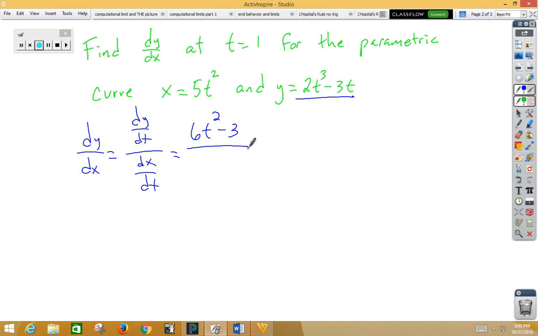On the bottom, derivative of 5t squared would be 10t. We now would like to do dy/dx at t is 1. So that would give us 6 minus 3 on the top, 10 on the bottom, so 3/10.